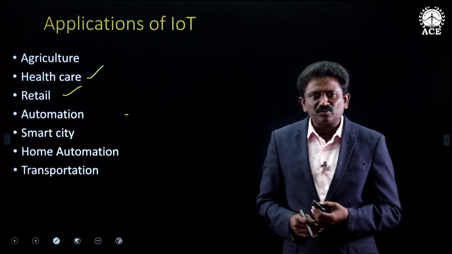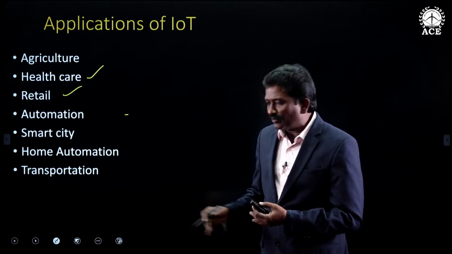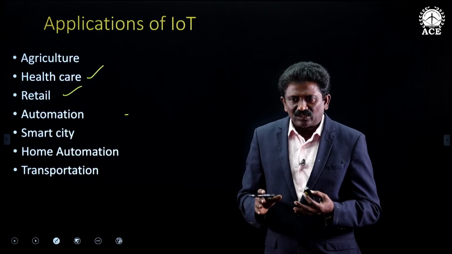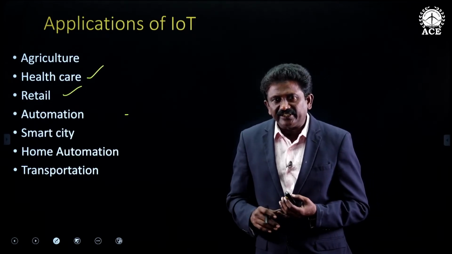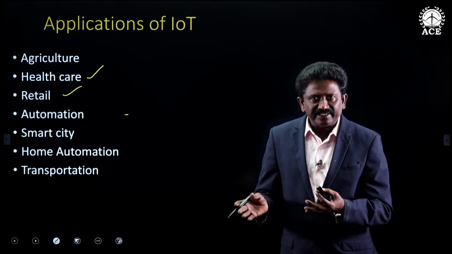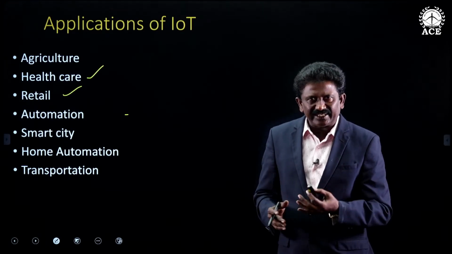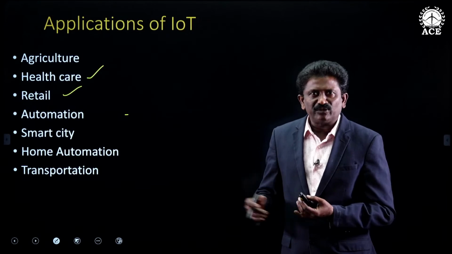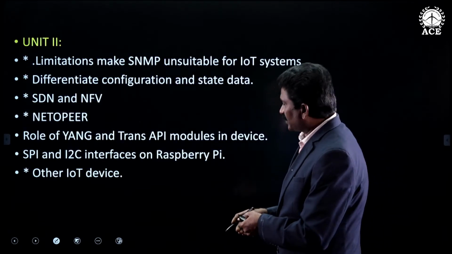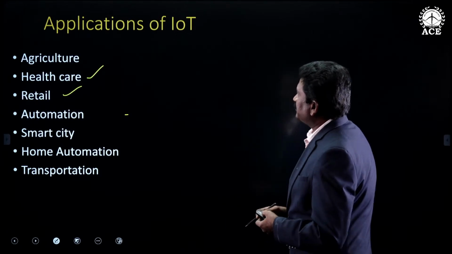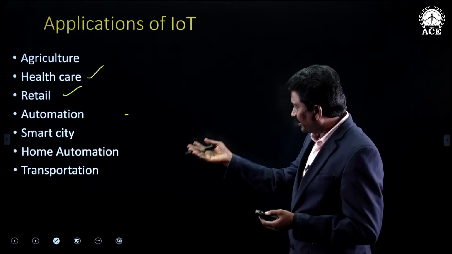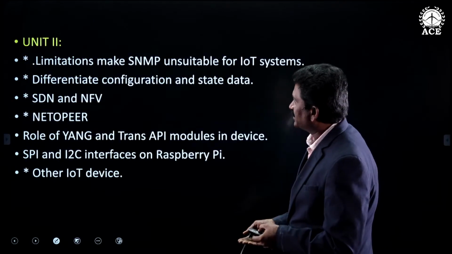With IoT devices, we are able to identify the position of vehicles. Where it is located, you can take that information from the IoT devices. These are the applications of IoT. We have many types of applications, and among them I have taken only these.